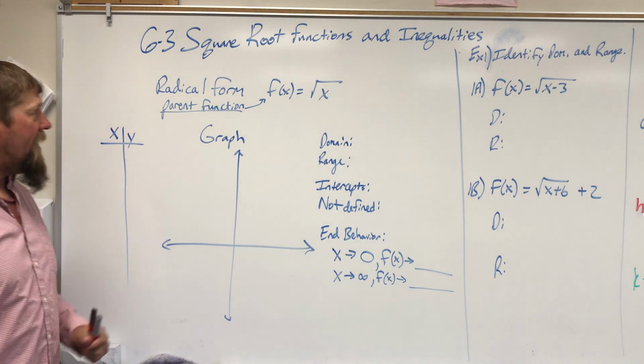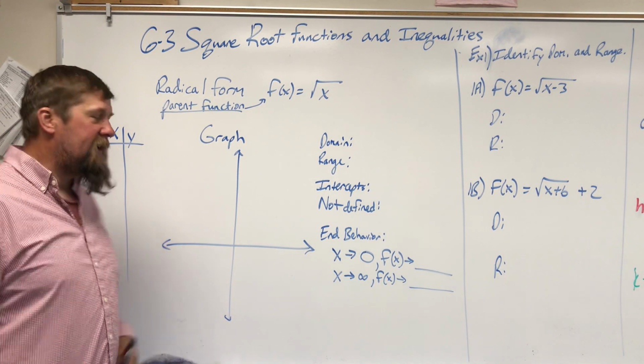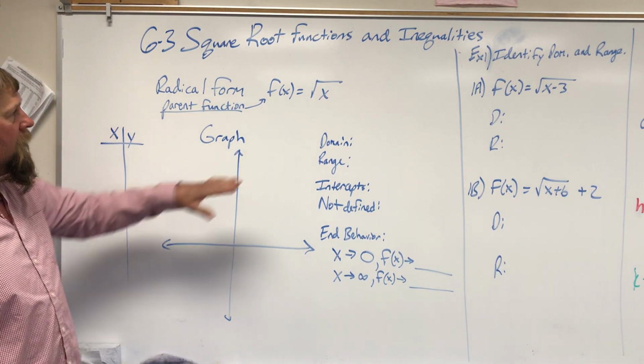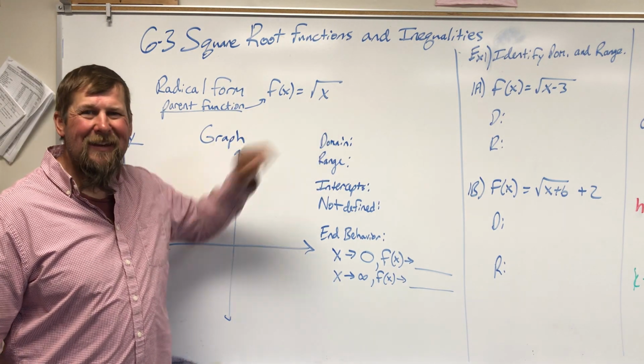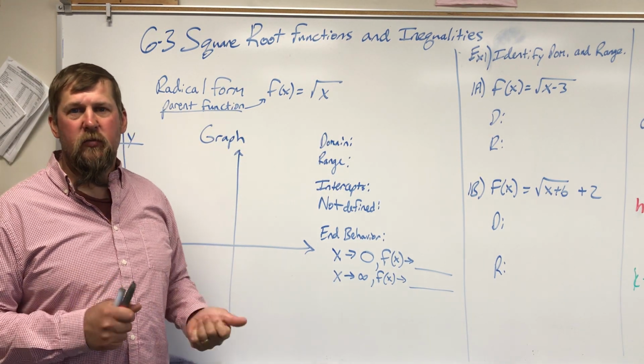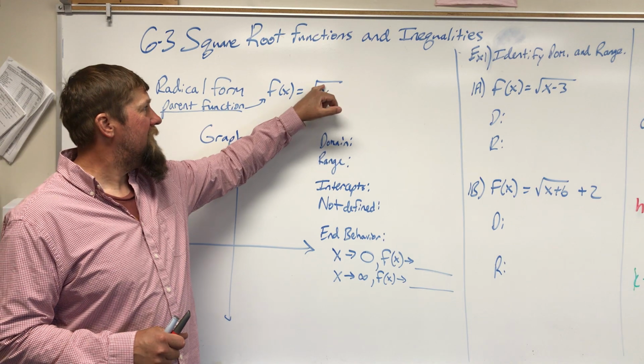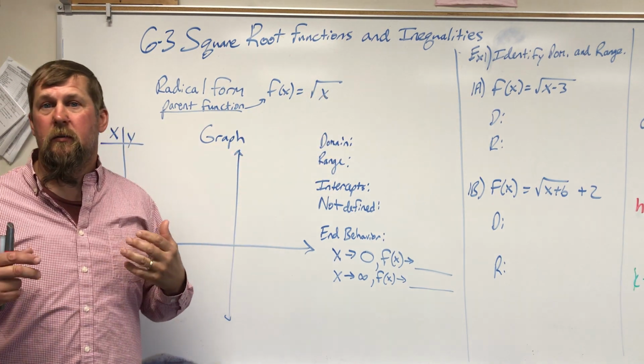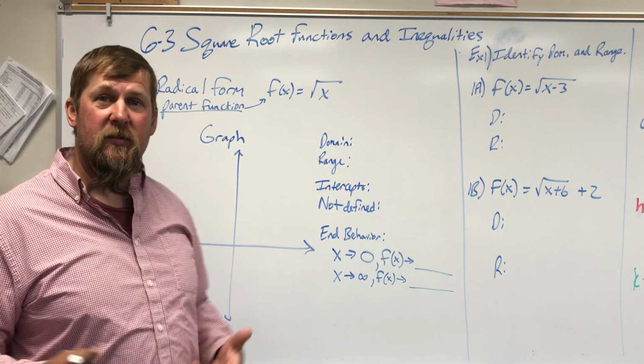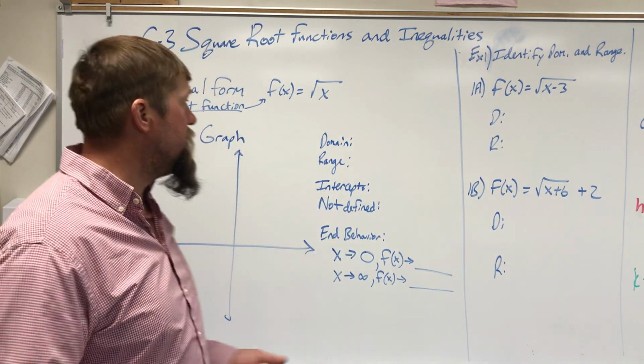If I wanted to graph this parent function and I use a table, I cannot put any number in under a square root that makes that under square root negative, because you cannot take a square root of a negative unless it being imaginary.